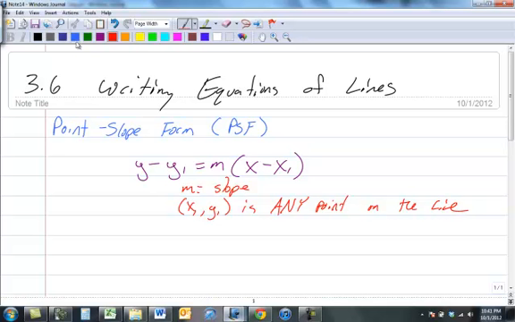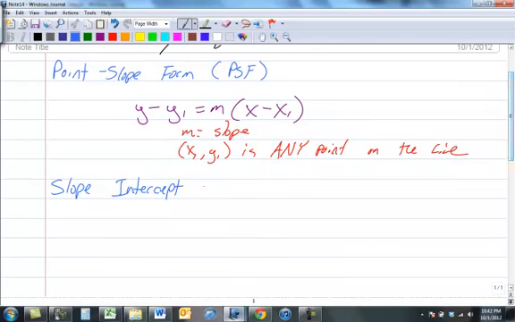All right, so that's the first big one, point-slope form. The other big one is slope-intercept form. Now, slope-intercept form, or SIF, as I'll call it a lot, is the one that everybody knows and loves.